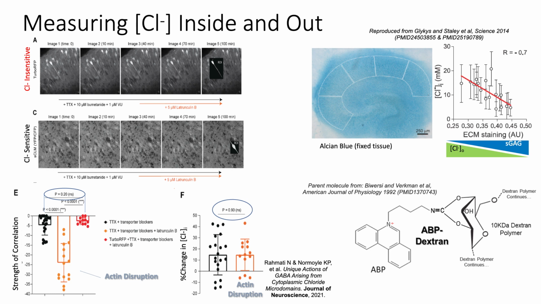And I want to show you here that it's actually actin that's causing this. So our control versus a chloride insensitive fluorophore, there's no difference. Whereas if we disrupt actin with latrunculin B, which importantly does not cause disruption to the structure of the cell, we see that there's no longer a correlation between the pre and post chloride microdomains.